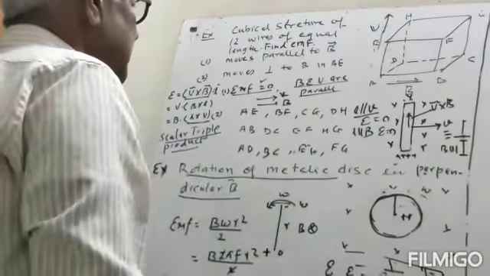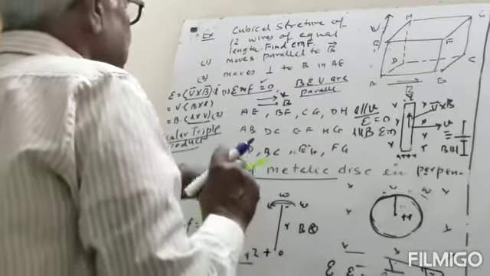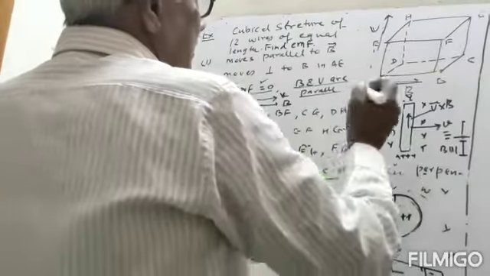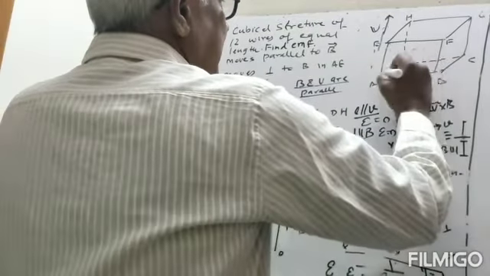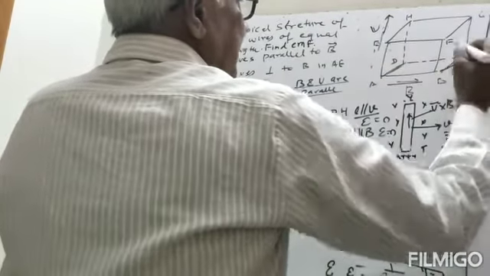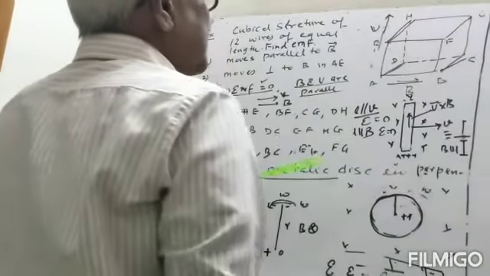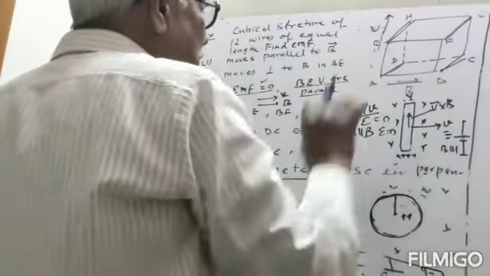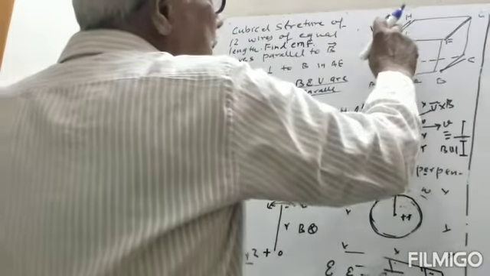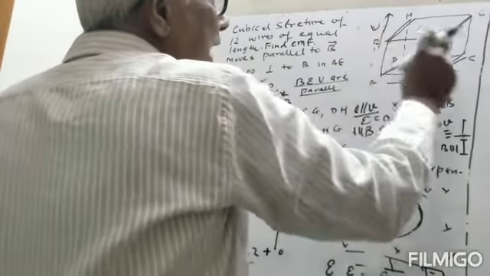Now we consider the third case, where AD, BC, EH and FG, these four sides, are perpendicular to V and B both.